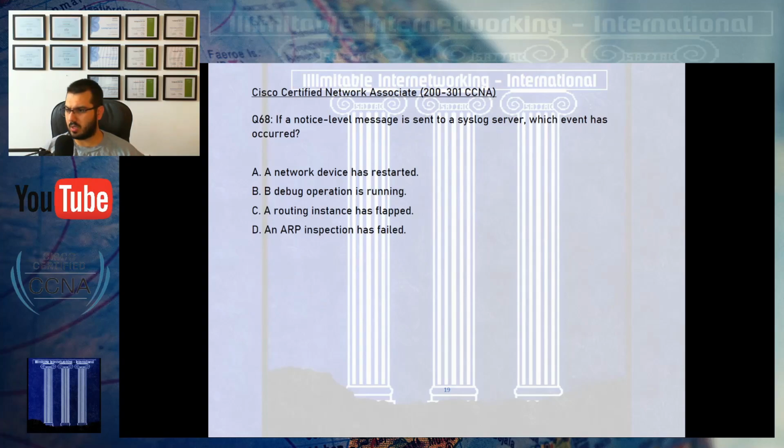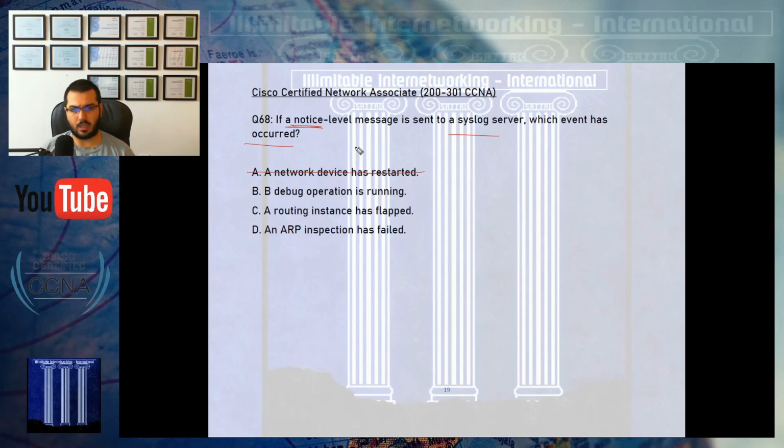Okay, question 68. If a notice level message in syslog, notice meaning notification, is sent to a syslog server, which event has occurred? Okay, it depends. A network device has restarted? This is an emergency, not a notice.